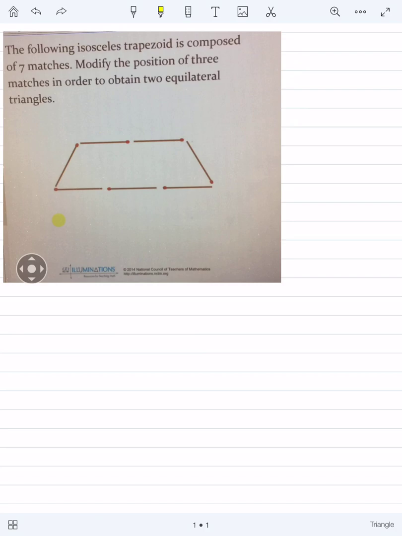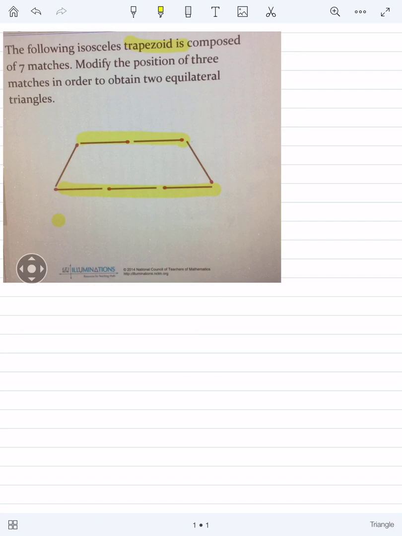The reason is, see if you can finish my sentence, it has one set of parallel sides. Are these two the parallel sides? No! The top and the bottom are parallel to one another. It's a trapezoid because of that.